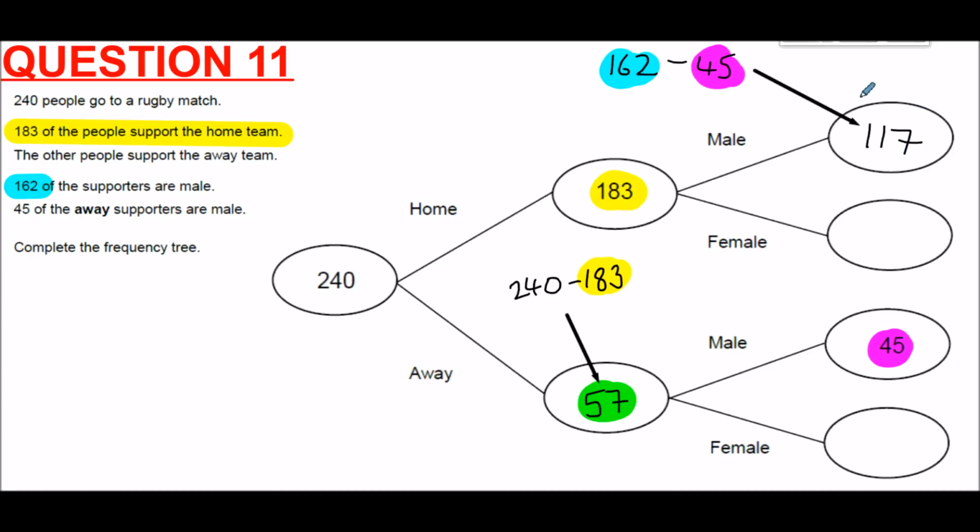And as I said before, each time a number branches into 2 with a frequency tree, the two numbers the number branches into add up to the number those numbers branch from. And so this one here will be 183 minus 117.